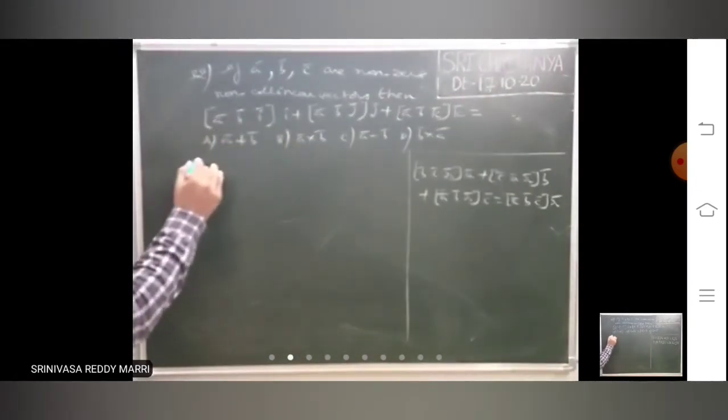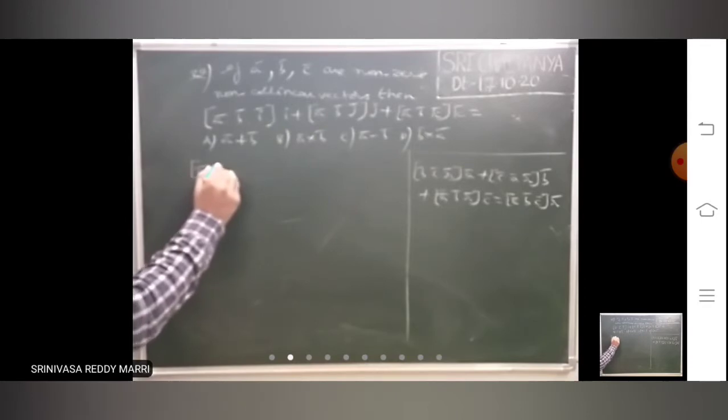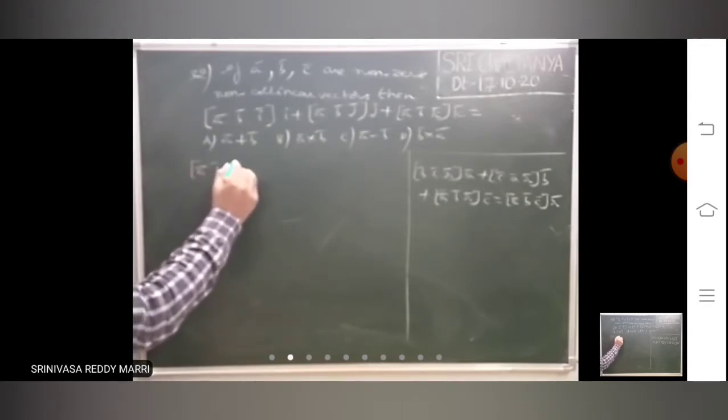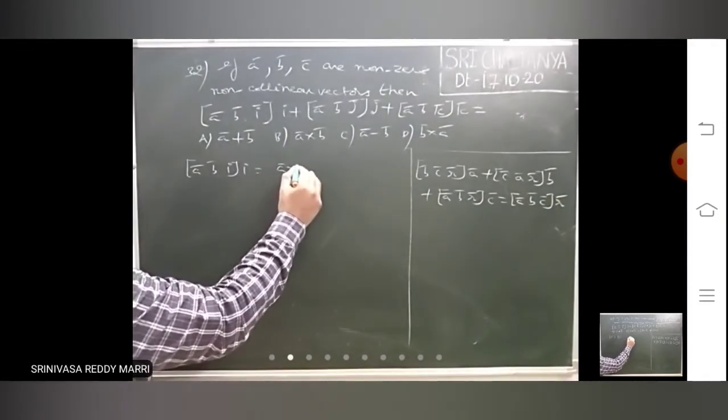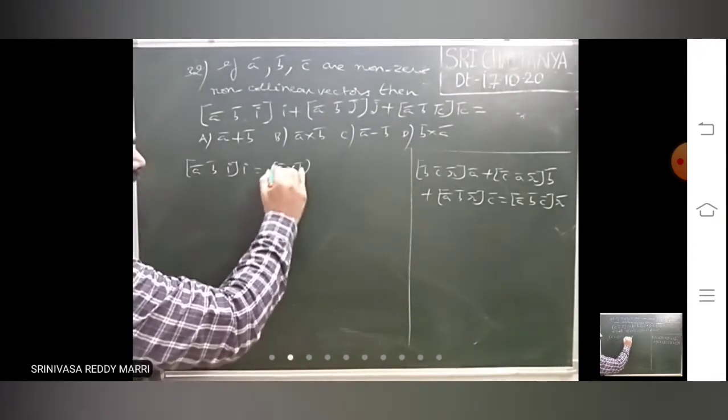I am rearranging this one. First one, look at A bar cross B bar into I. I am rearranging the box.